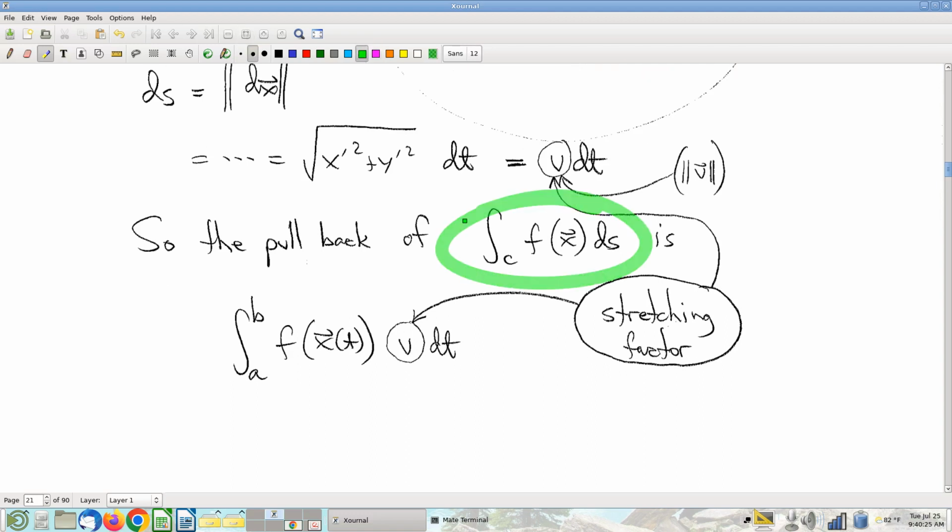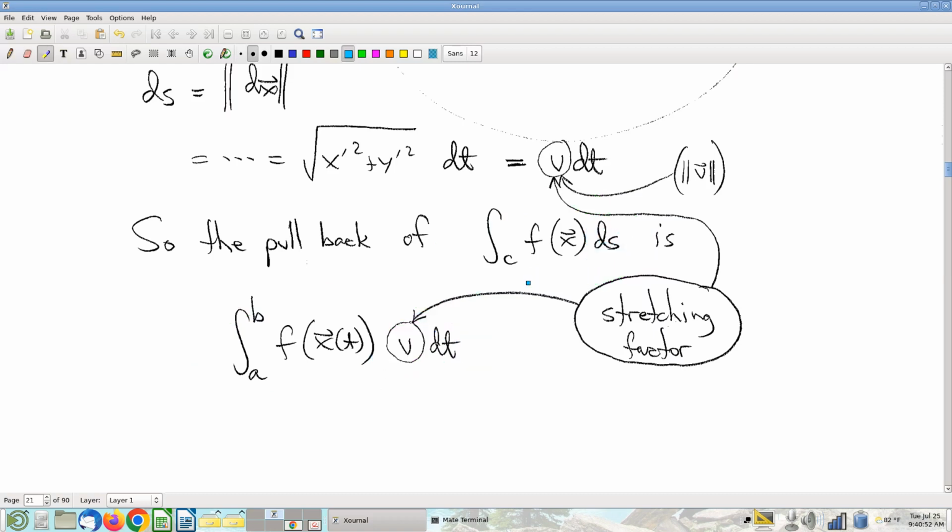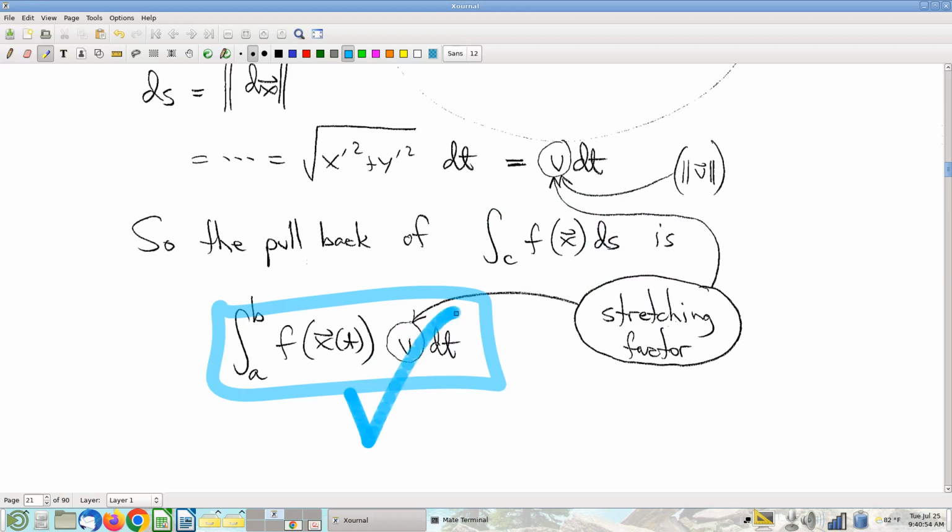This is a chop it up, add it up argument on some quantity that accumulates over some curve, and I can just rewrite it like this, because after all, I've got my factor that tells me how much ds is compared to dt. And everything else is just plugging in and pulling back. Okay, and of course we like this because this is a single variable integral and I totally know how to compute it. Examples to follow.